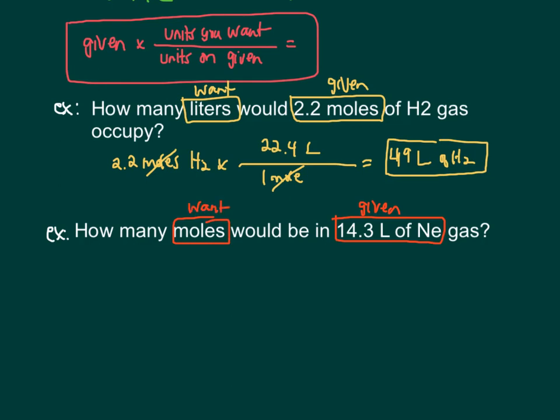If we use our template, we would put 14.3 liters of neon first, and then we are going to set it up with the mole on top because it's what we've been asked to find, and liters on the bottom because it's the same unit that's on my given. So liters would cancel, and I would be left with moles as my unit, and I would get 0.638 moles of neon.